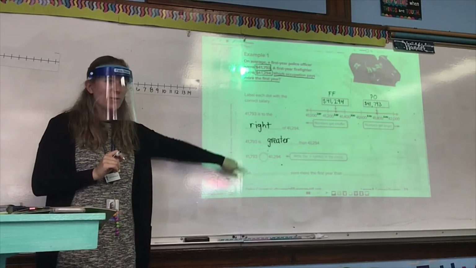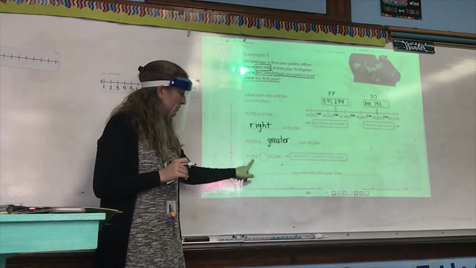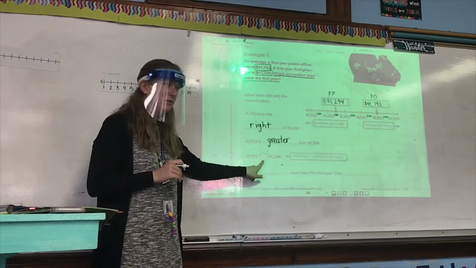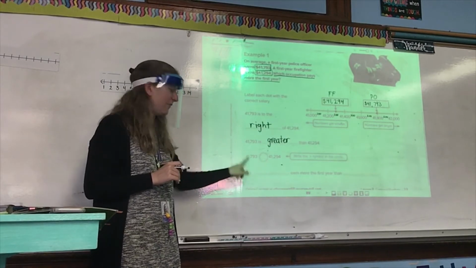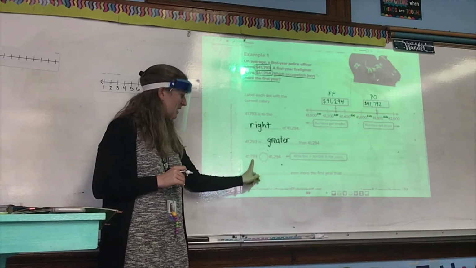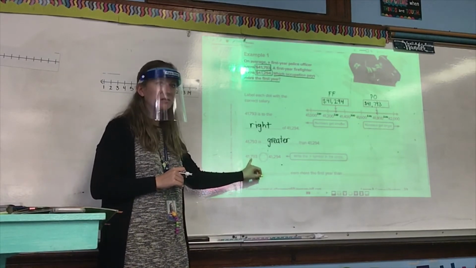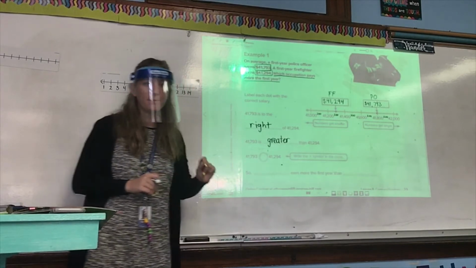Now we have to figure out which symbol we're going to put here. Are we going to put the greater than symbol? Is the number on the left bigger? Is the number on the left smaller? So we're going to put less than? Or is it equal? Are we going to put an equal sign? Are they the same?